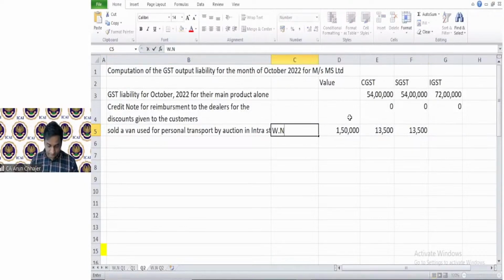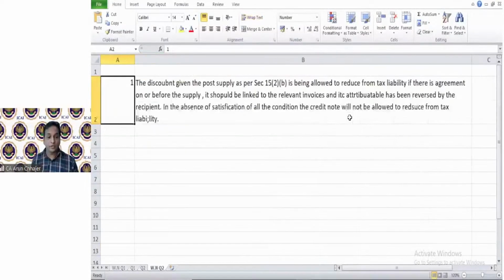Working note number 2. What I will write in the working note number 2?